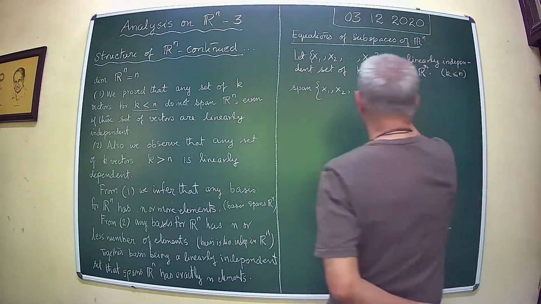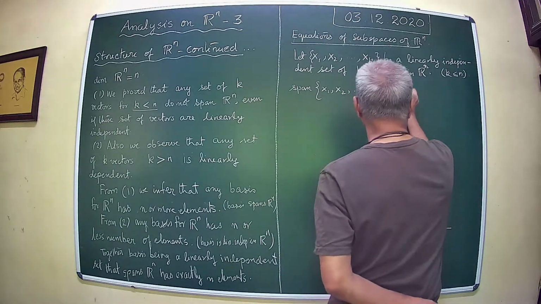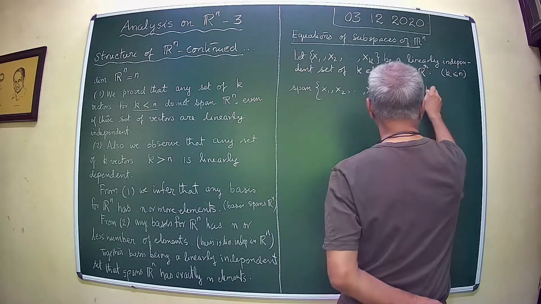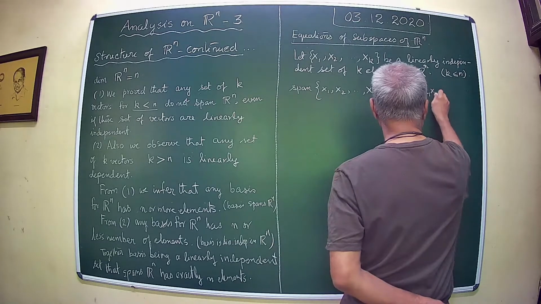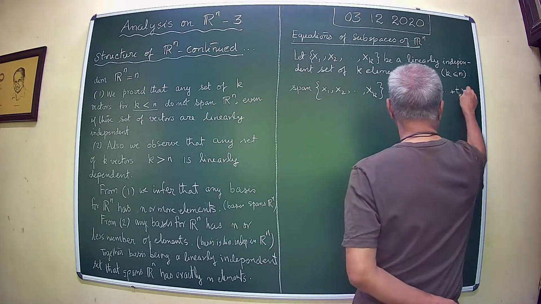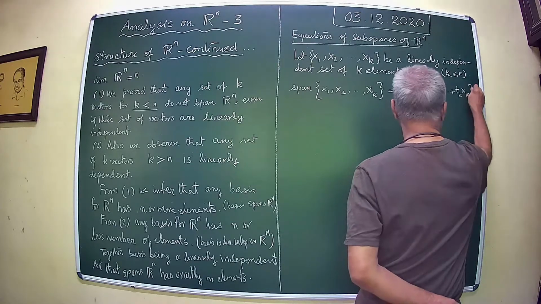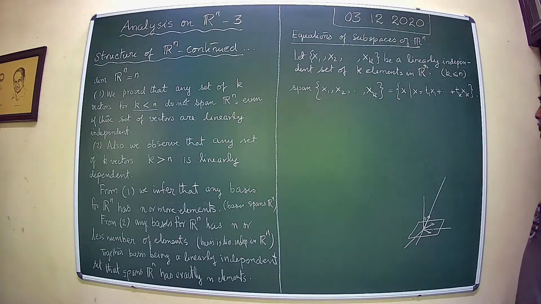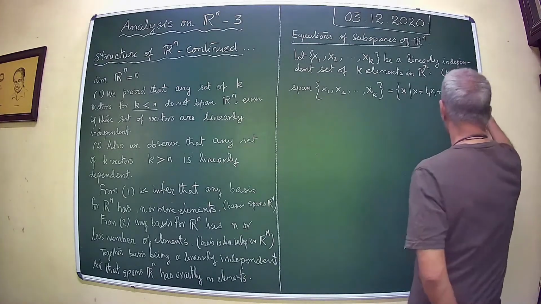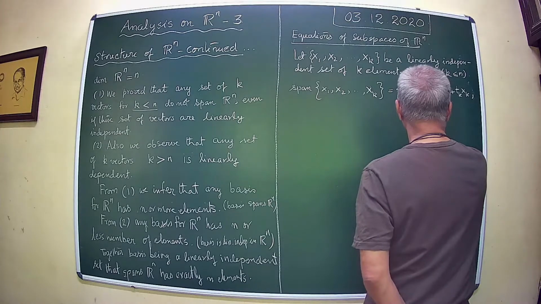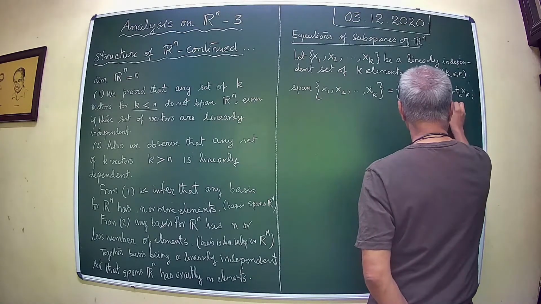This is actually the setup for X, for which X is equal to P1 x1 plus ... plus Pk xk, where Pi belongs to R for i equal to 1 to k.